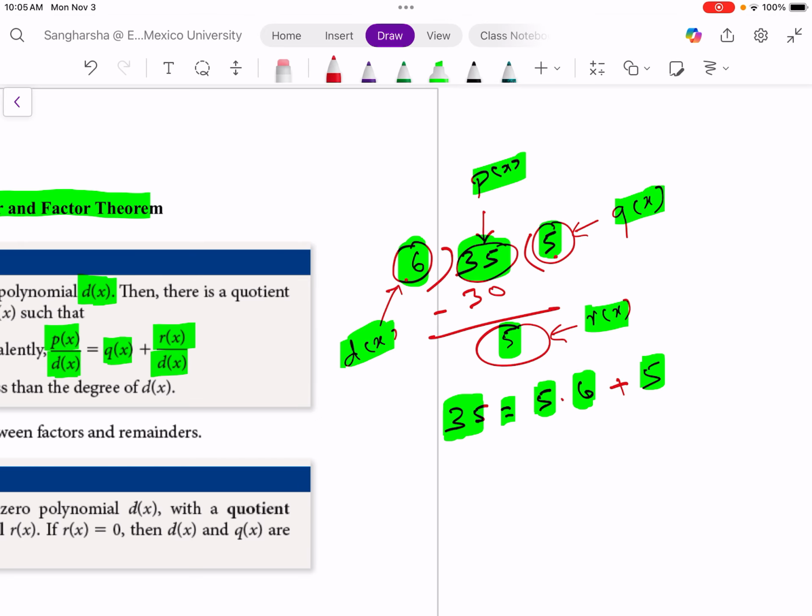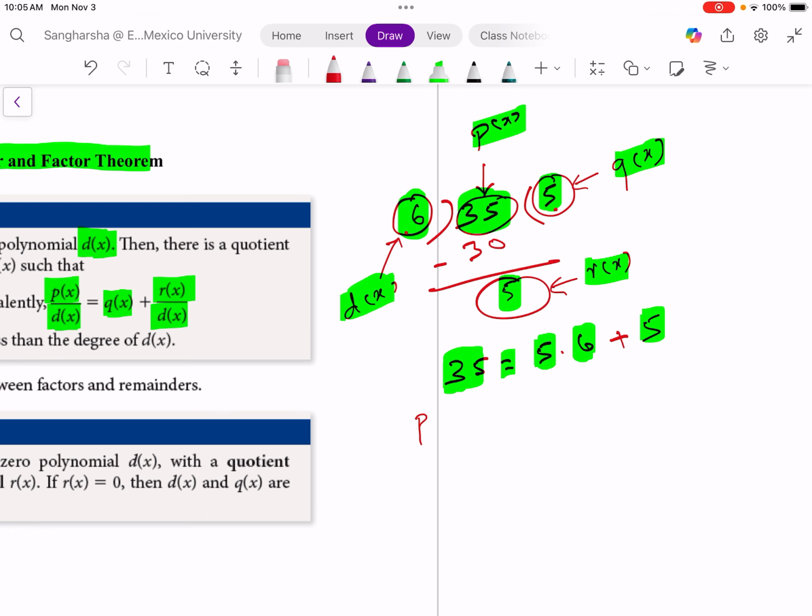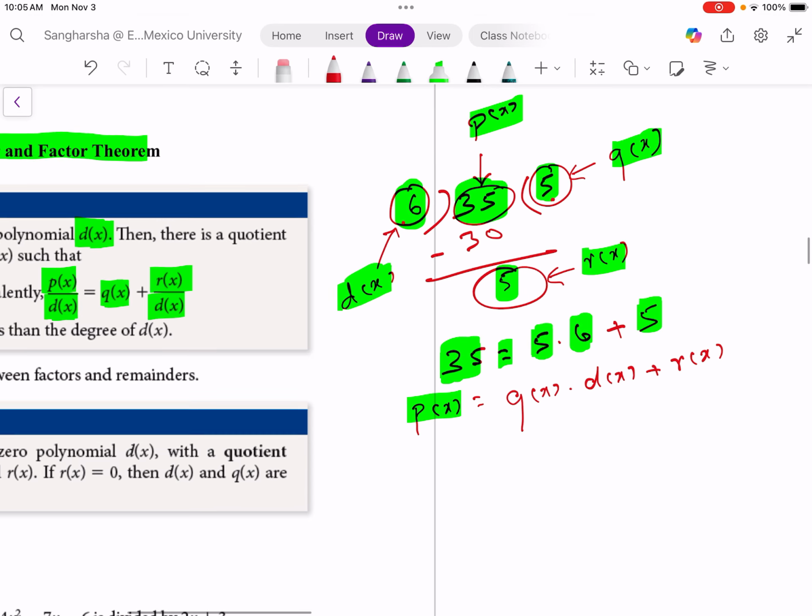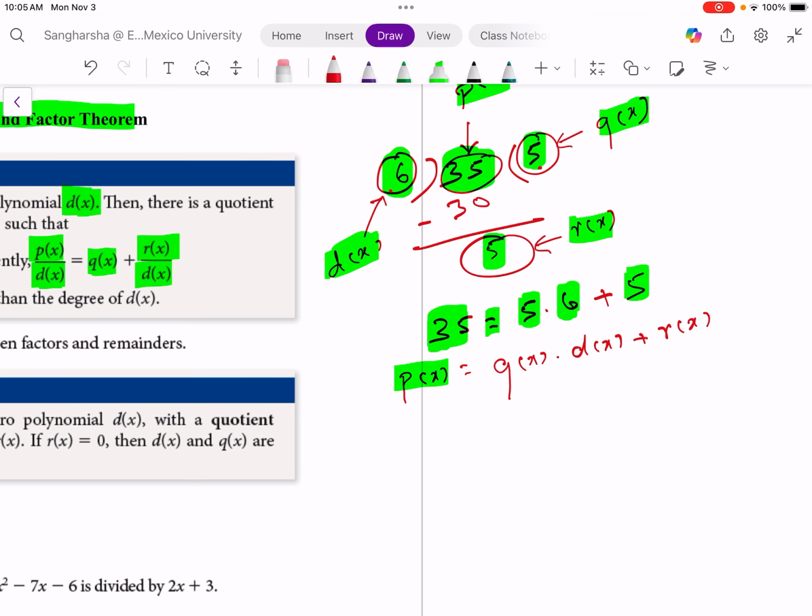So in general, p of x is any polynomial, and we can rewrite this polynomial p of x as a quotient q of x times divisor d of x plus the remainder r of x, okay? So when we divide any polynomial by another polynomial or a number, we can always rewrite our p of x, or another way is that we can also rewrite our 35, okay?